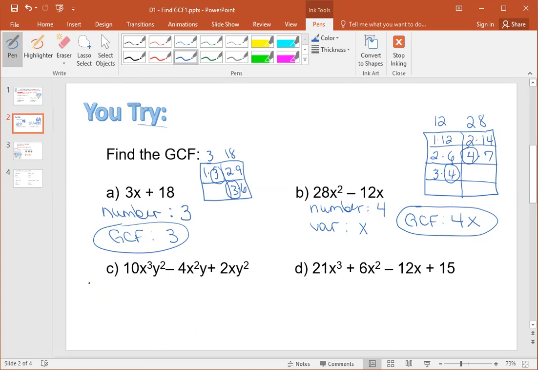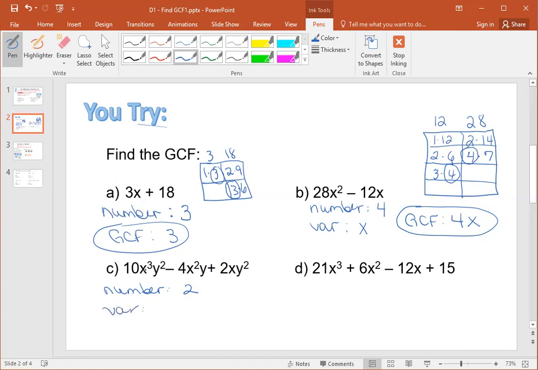So is 10 divisible by 2? Yes. And is 4 divisible by 2? Yes. So by number, I really don't have to do a tree or a table. I can just say it's 2 because 10 divided by 2 is a whole number and 4 divided by 2 is a whole number.